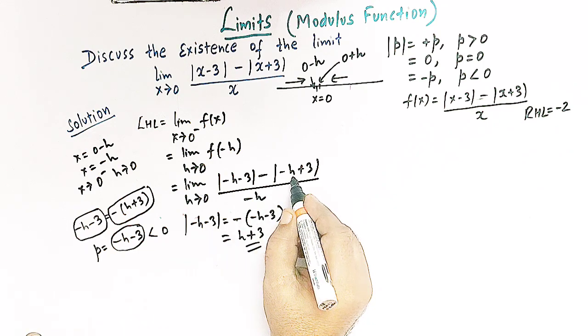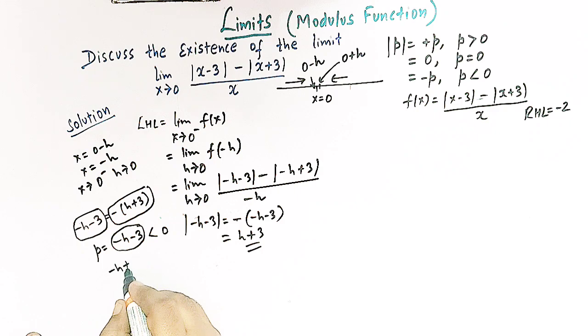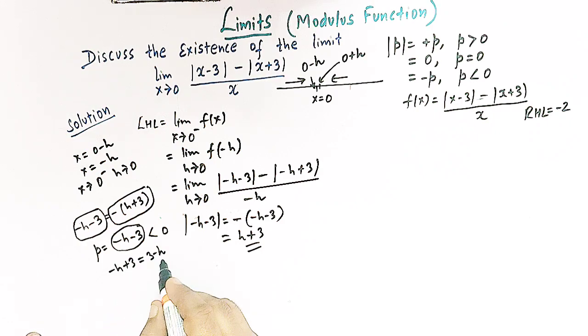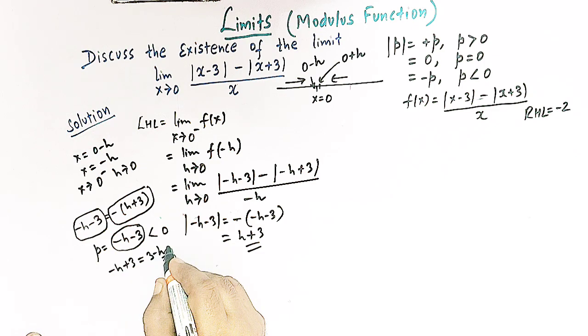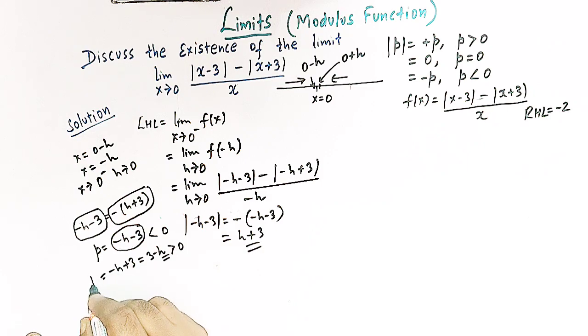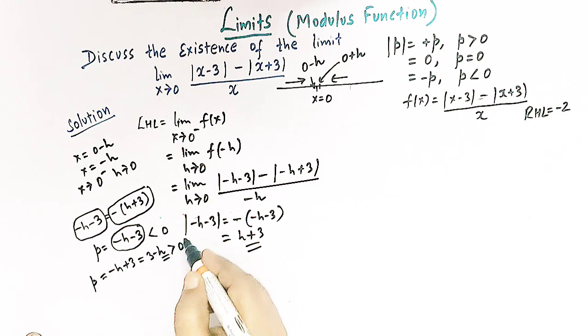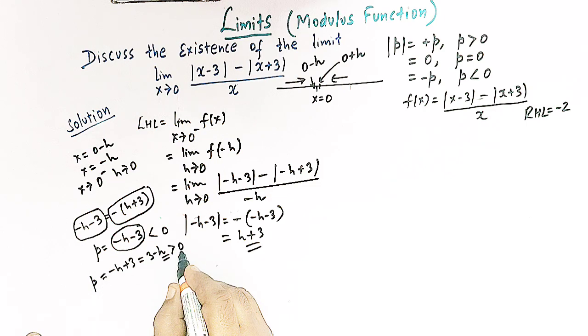And similarly, here we have -h + 3, which can be written as 3 - h. Now see, h lies between 0 and 1. So this difference 3 - h must be greater than 0. So if we take p as -h + 3 or 3 - h, then p is greater than 0.